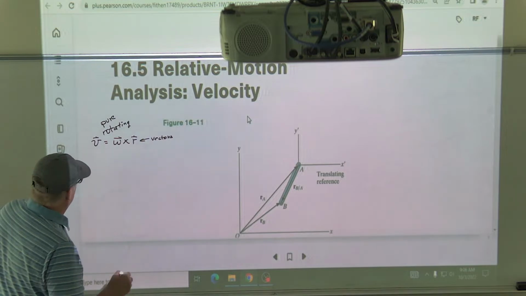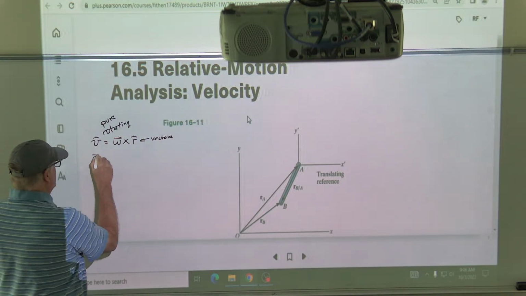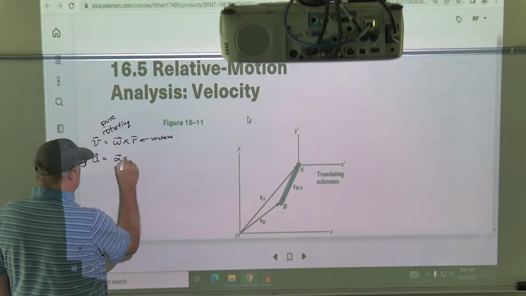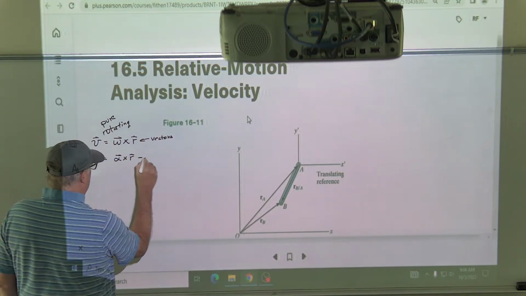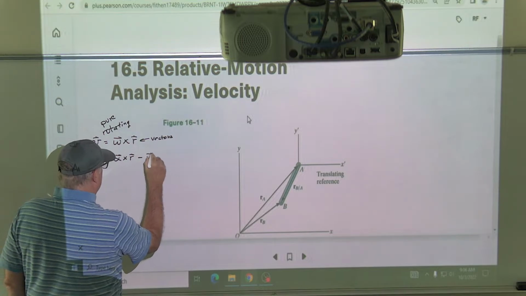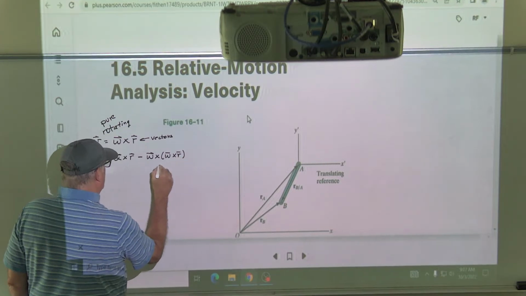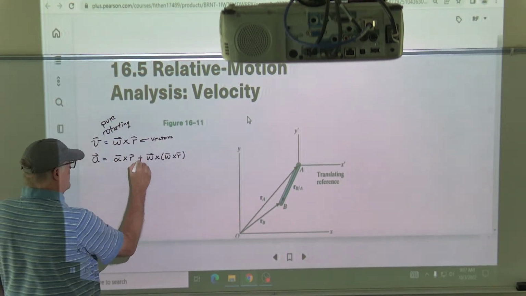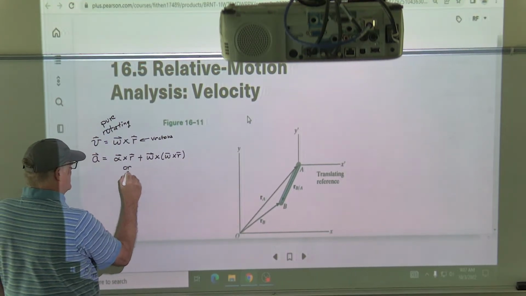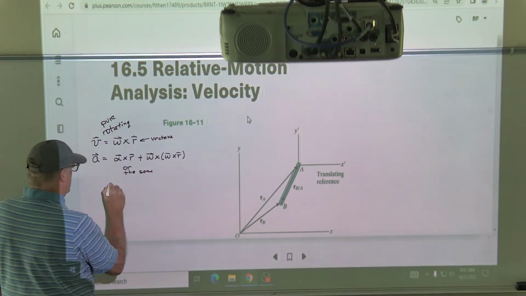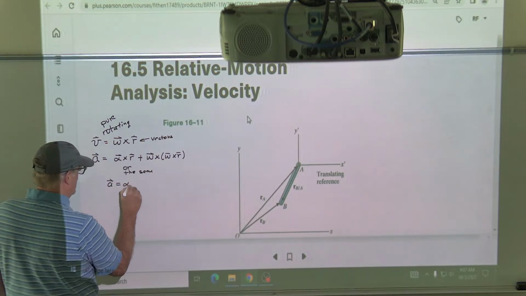And then what we learned is the acceleration is equal to alpha cross R minus omega squared R, or the same thing, he writes it like this.